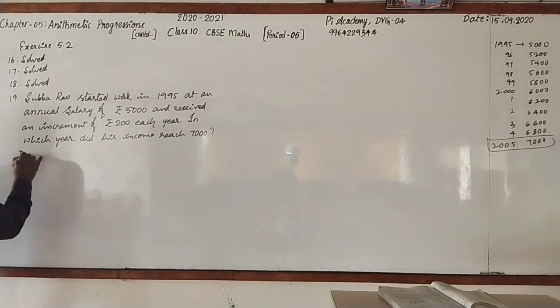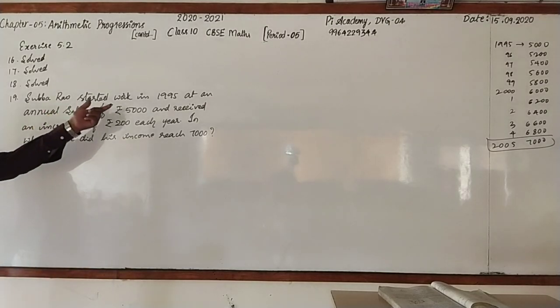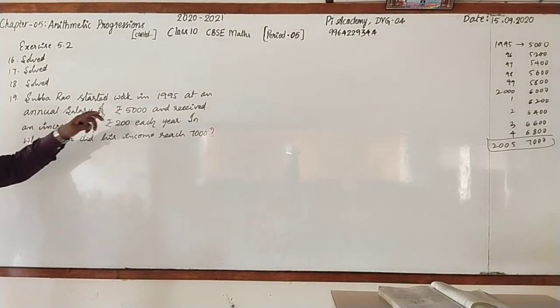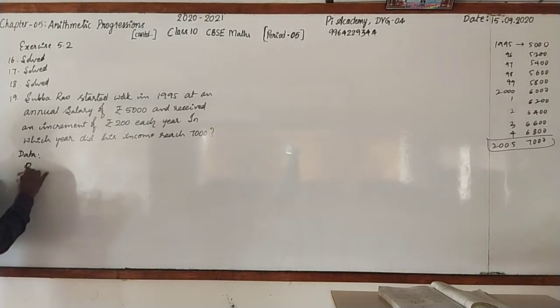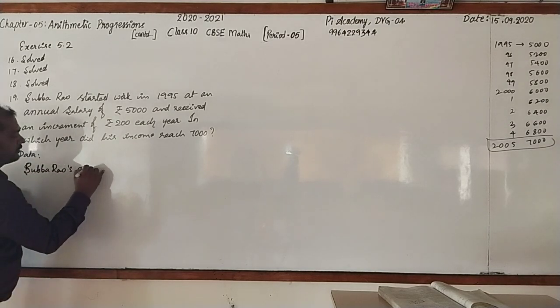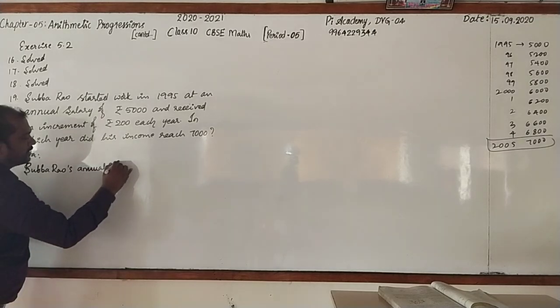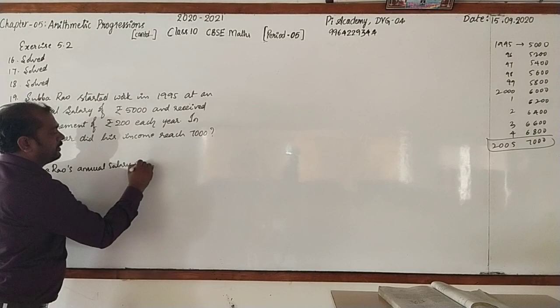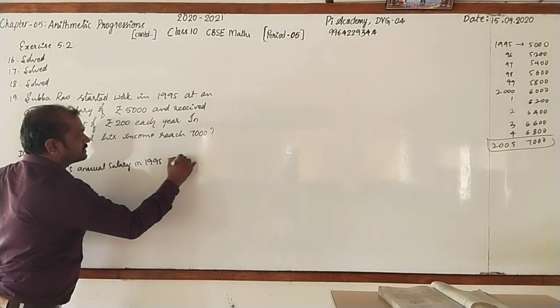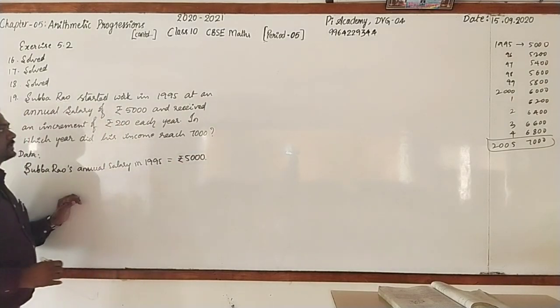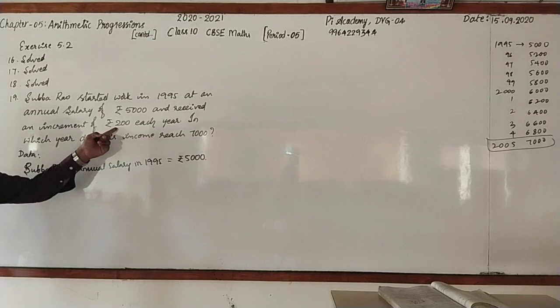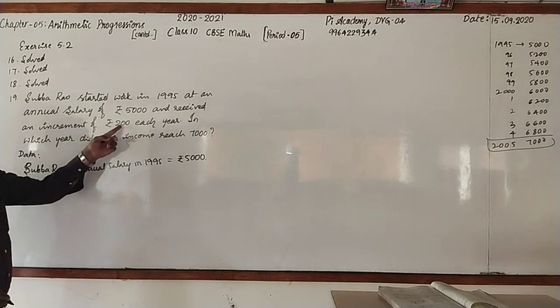Observe. Here I write: Subbarao started work in the year 1995 at an annual salary of rupees 5,000. Subbarao's annual salary in 1995, how much is it? Rupees 5,000. Next, what is here? The yearly increment is rupees 200.